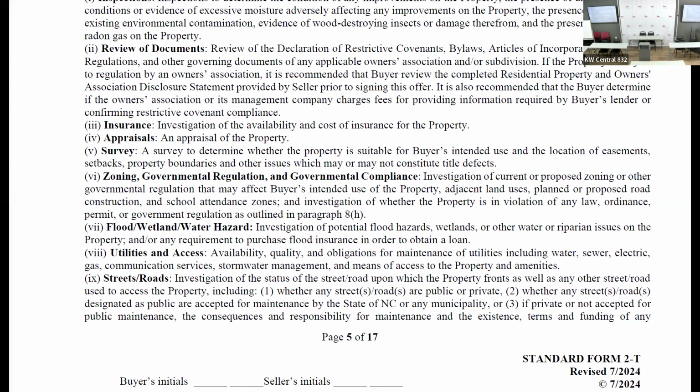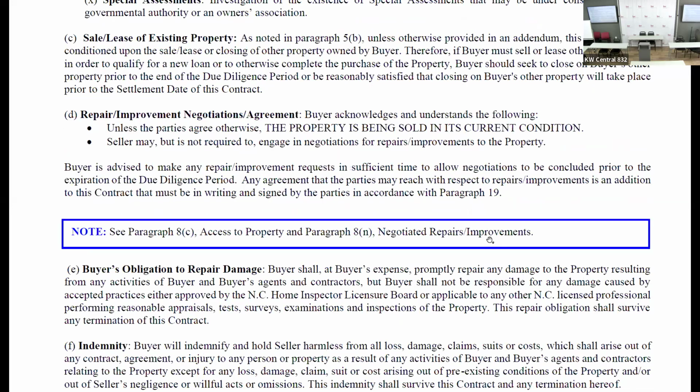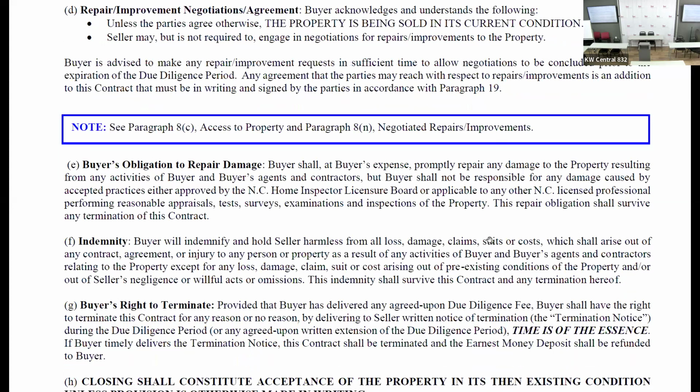There's a reason that in compliance, you are required on the listing side because it's a material fact and it's a disclosure, and on the under contract side because that's part of discovery for your buyer, is it located in a floodplain? So that is why it is a required document.